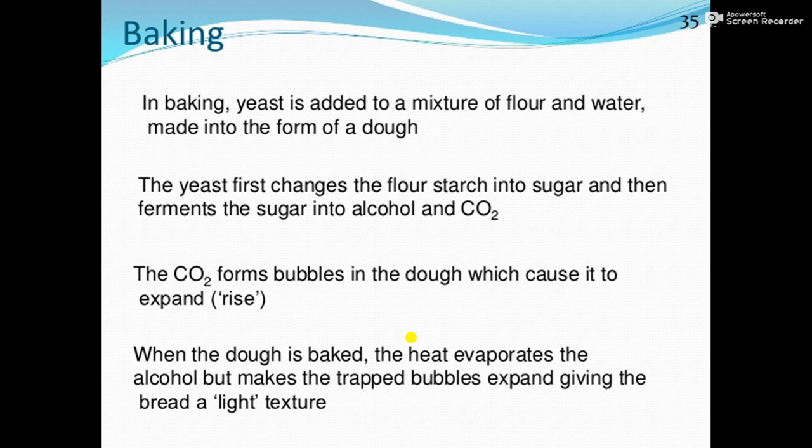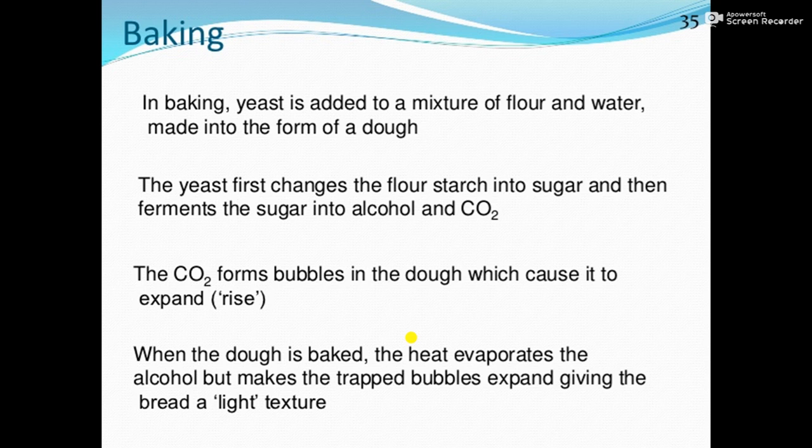Baking. In baking, yeast is added to a mixture of flour and water, made into the form of a dough. The yeast first changes the flour starch into sugar and then ferments the sugar into alcohol and carbon dioxide. The carbon dioxide forms bubbles in the dough which cause it to expand or rise.